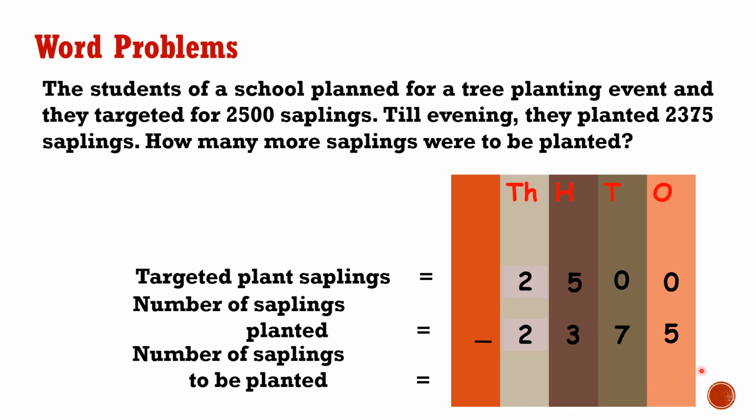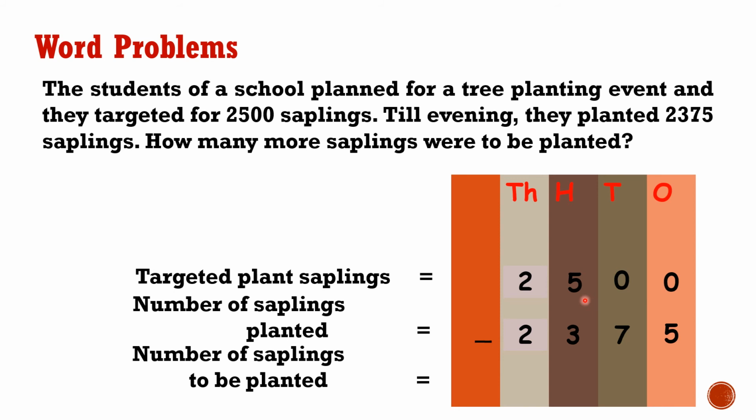In the ones column, we have to subtract 5 from 0. Here 0 is a smaller number, so we have to borrow 1 ten from the tens column. But in the tens column, the value is 0. Now we have to go to the next hundreds place digit.